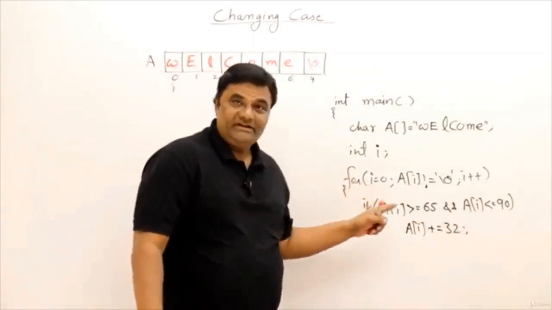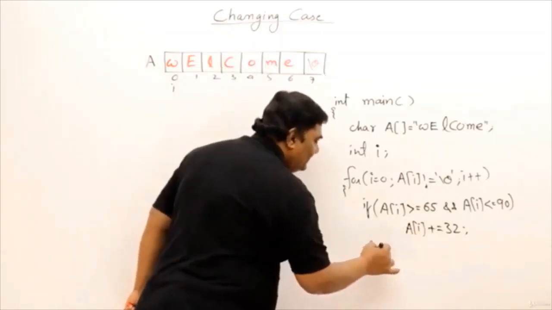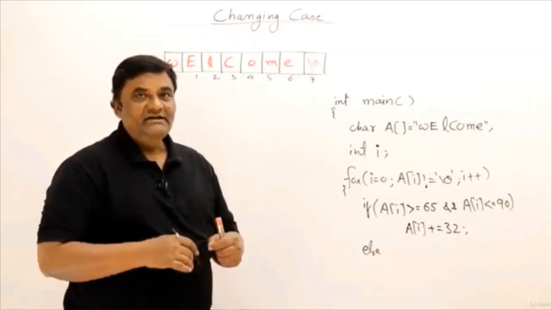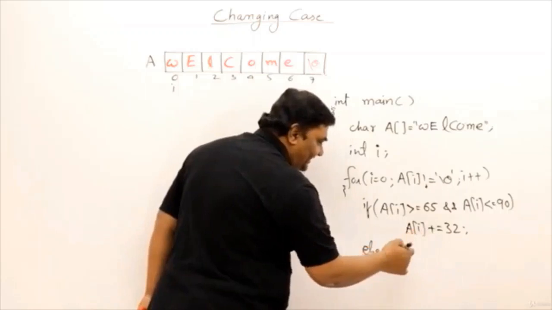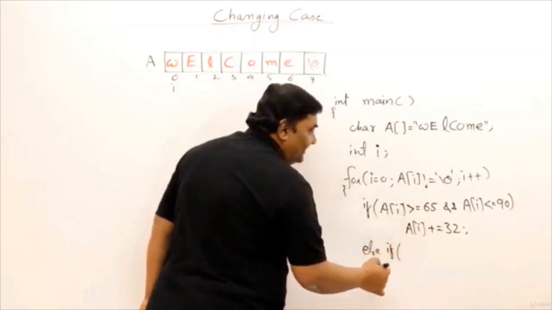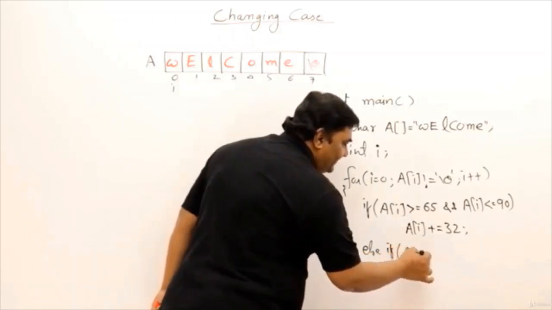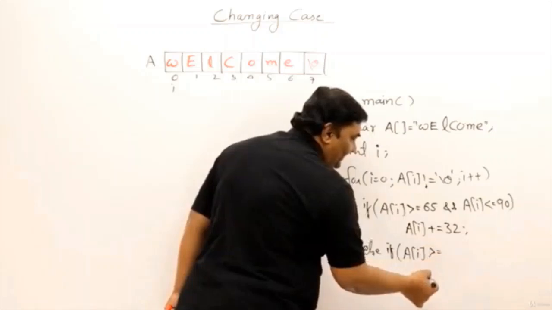If it is not uppercase, else, check if it is lowercase. If it is lowercase, then change it to upper by subtracting 32. So I should not simply write else, I should check the condition that if it is lowercase. When it is lowercase, it is between 97 to 122, so greater than or equal to 97.